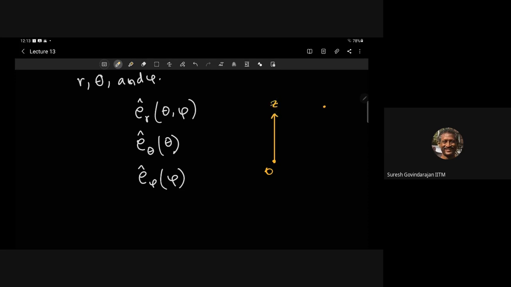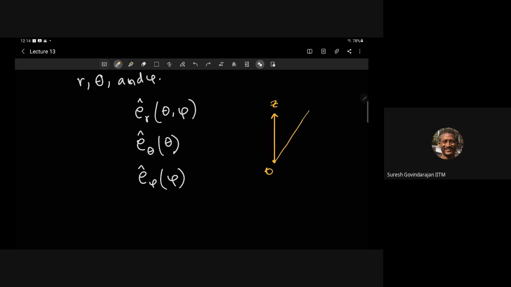So P is some random point. I think I made it too big, so let's reduce the size.